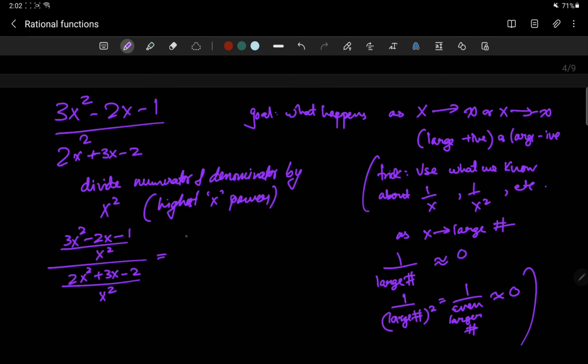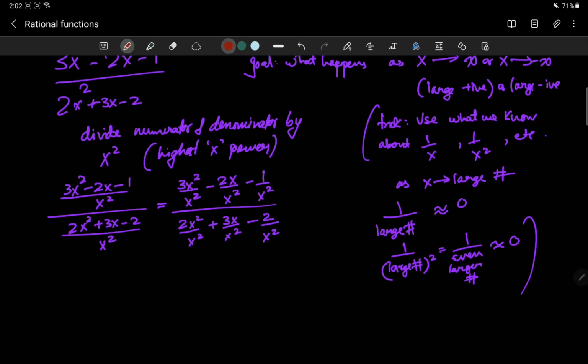Now, this division can be split. So you have 3x squared over x squared minus 2x over x squared minus 1 over x squared, all divided by 2x squared over x squared plus 3x over x squared minus 2 over x squared.